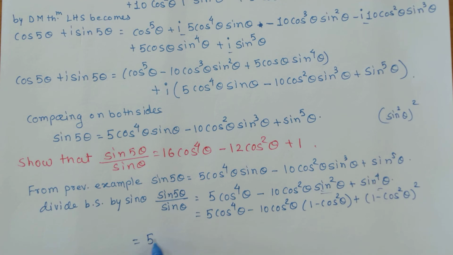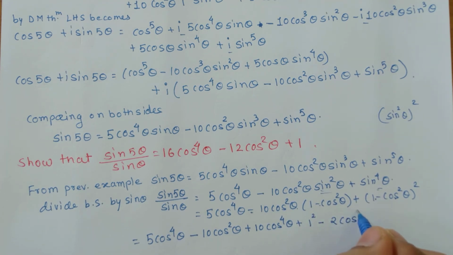This is equal to 5 cos raised to 4 theta minus 10 cos square theta into this. So we get plus 10 cos raised to 4 theta plus, using a minus b bracket square, we get 1 square minus 2 times ab, that is 2 cos square theta here, plus cos raised to 4 theta.